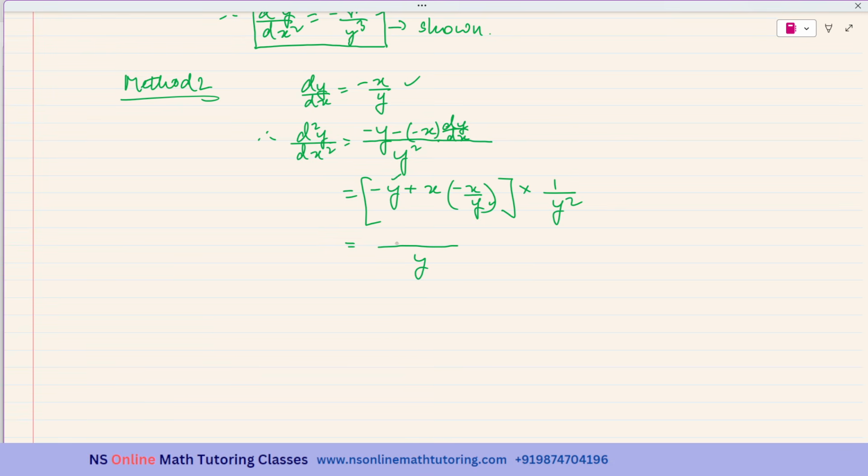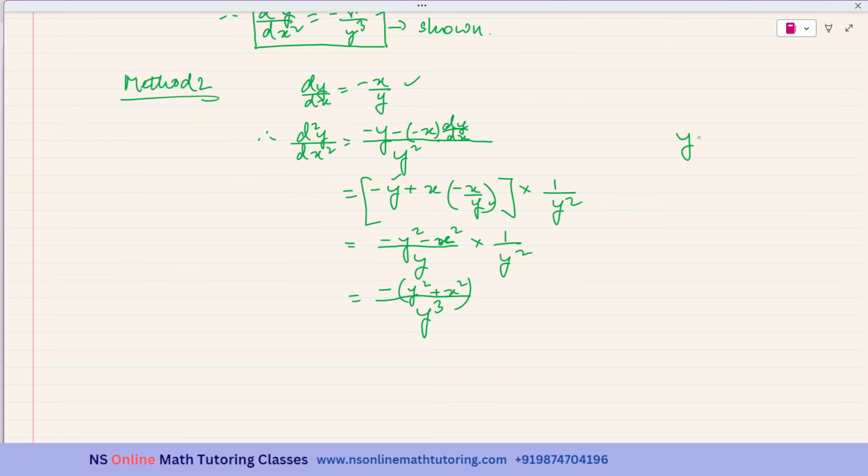So this term will become minus y square, and this is minus x square, times 1 over y square. So the denominator is simply y cube, y times y square is y cube, and the numerator is minus y square plus x square, right?